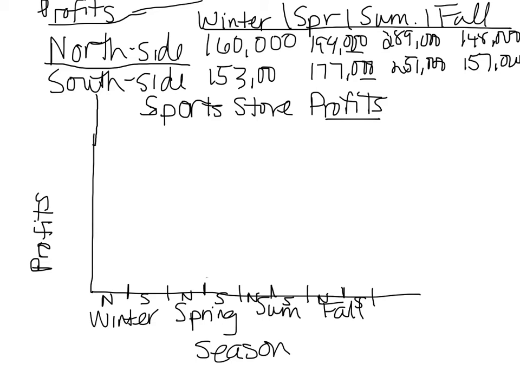The thing you should do is find your biggest number. The biggest number that we have here is 289,000, or approximately, if I want to put it into big terms, 300,000. And my smallest number is 148,000. So what's a good way to divide the space we have?